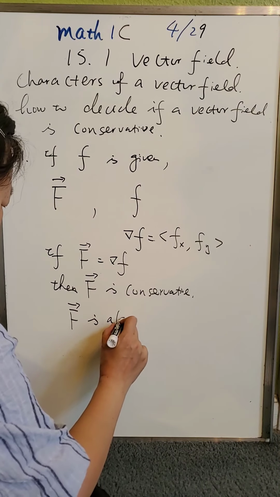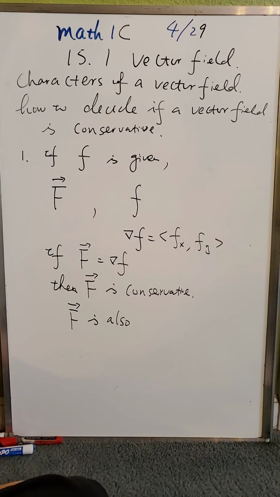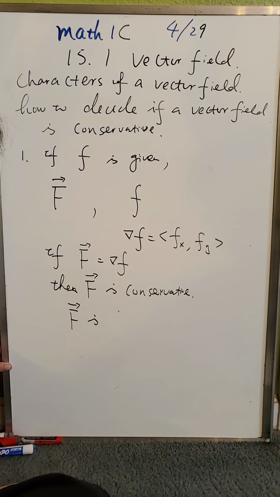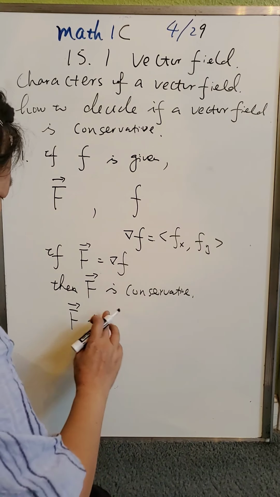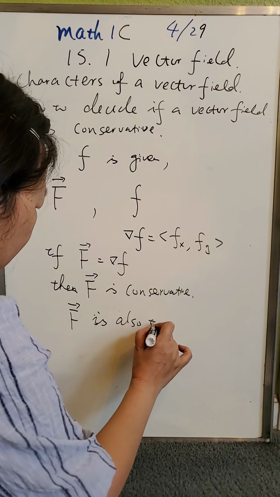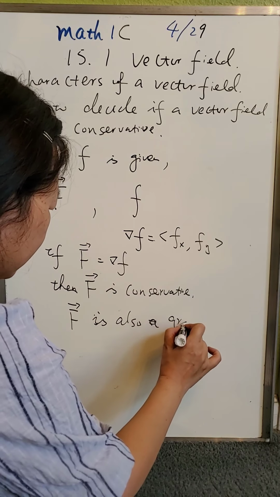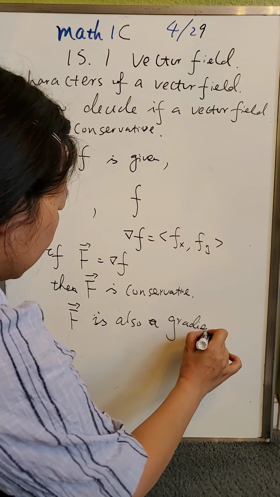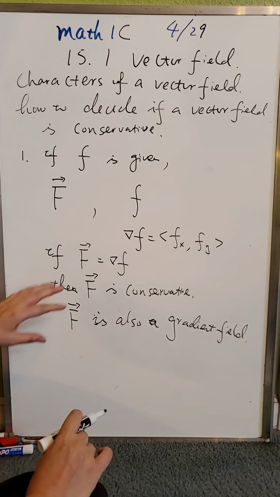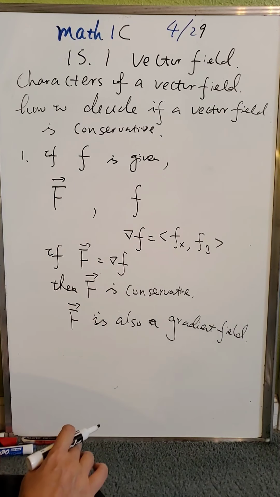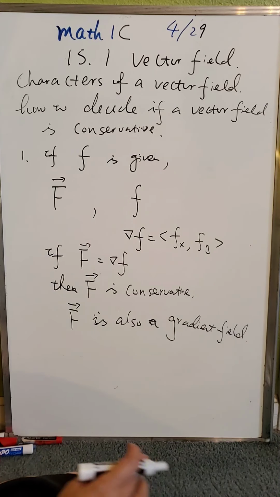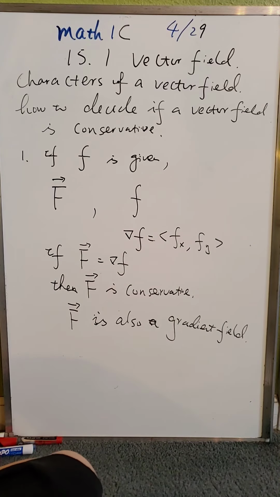So F is conservative, and it is also a gradient field. Sometimes people say F is a gradient field, which means F is conservative also. These are byproducts of it. So that's how you do it if f is given.